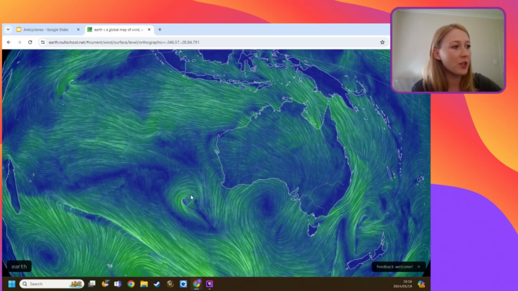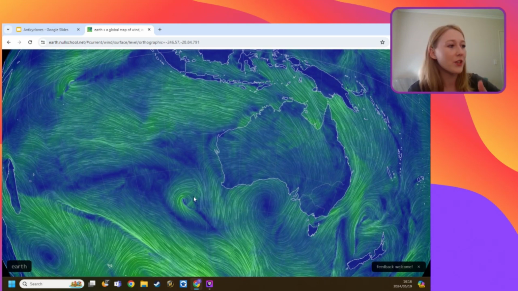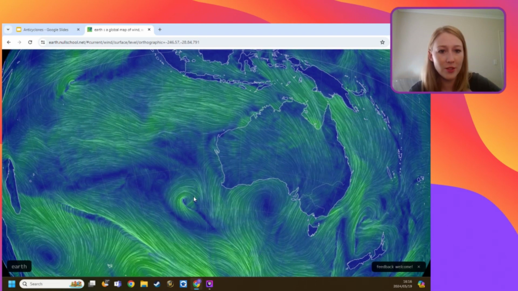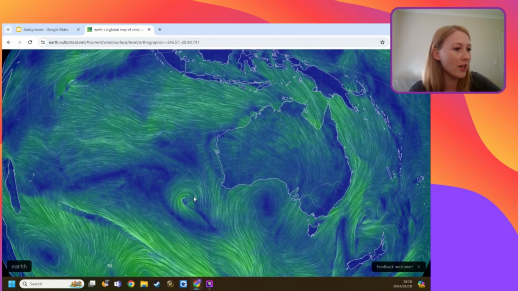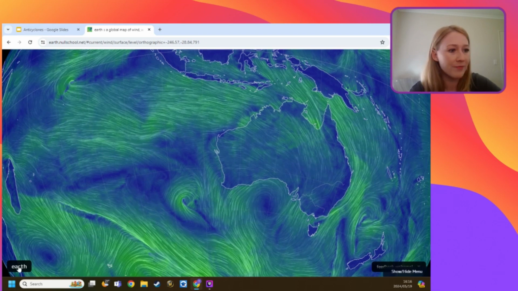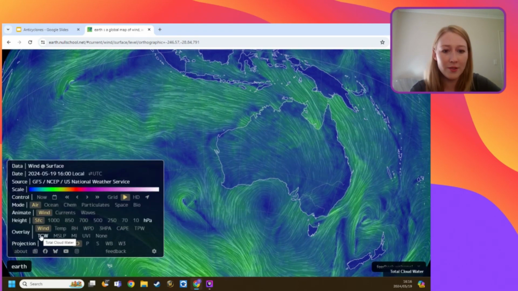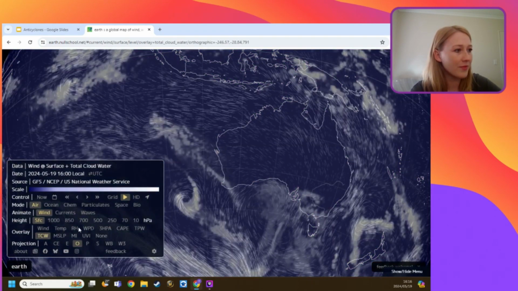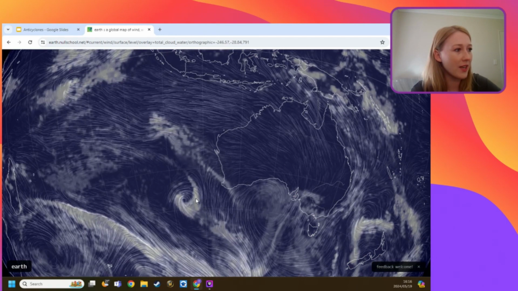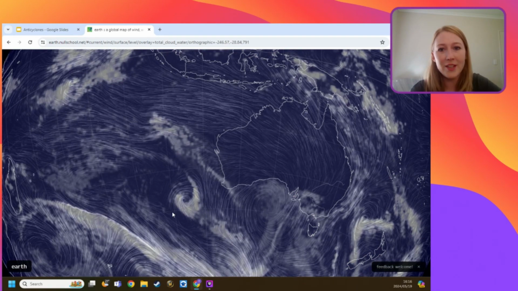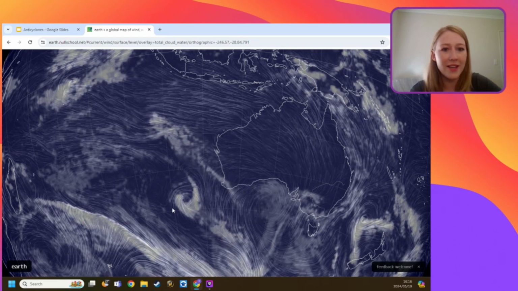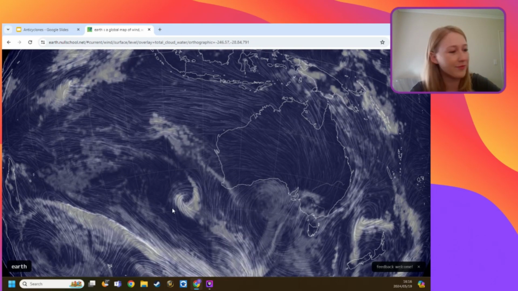So over here, you would have a low pressure system. You would have air rising. You would have condensation, and you would have clouds, maybe rain. So let's put the cloud cover back on. There you can see the little line of clouds. And you might even recognize that this is a mid-latitude cyclone.